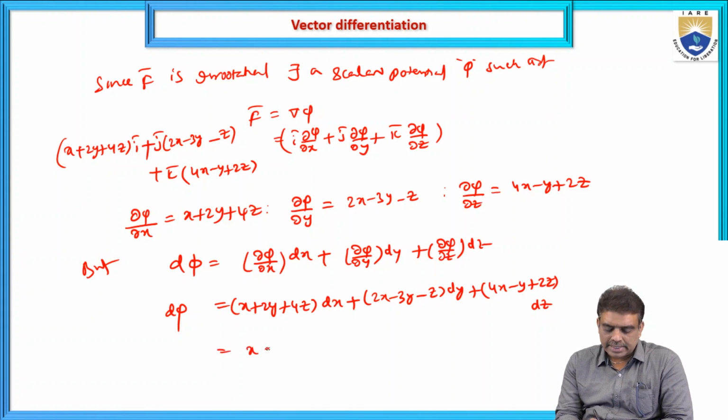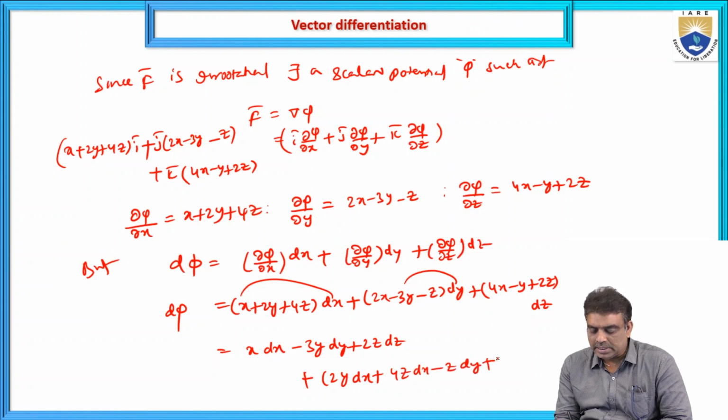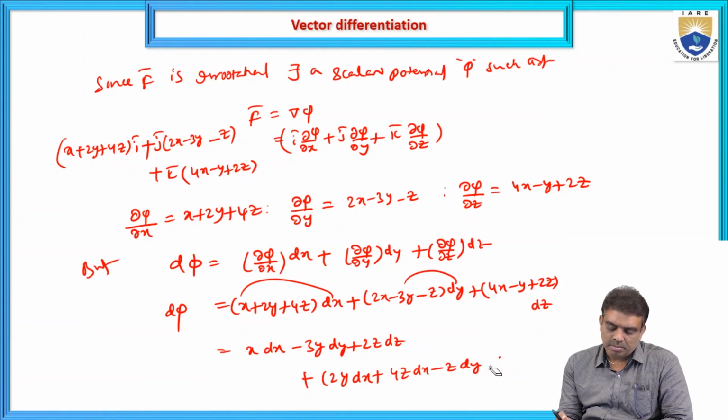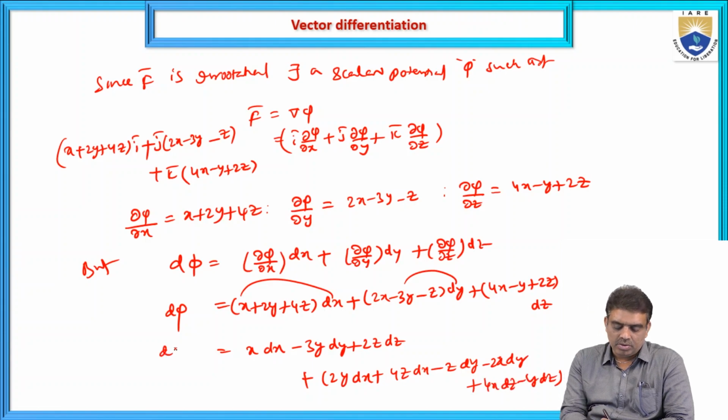So what you will get here is x dx is one term, similarly minus 3y dy, plus 2z dz, remaining terms 2y dx plus 4z dx, minus z dy, minus 2x dy also there, and here 4x dz minus y dz is equal to d phi.